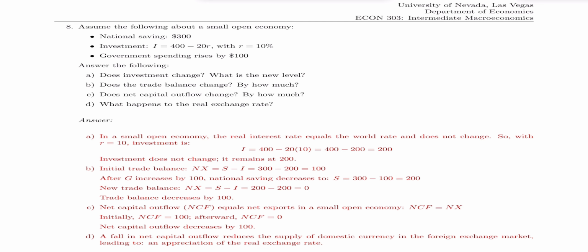After G increases by 100, S becomes 200. So new trade balance NX equals S minus I equals 200 minus 200 equals 0. So it drops by 100. C. Since net capital outflow equals NX, it also drops from 100 to 0. D. Lower net capital outflow means less supply of domestic currency, which causes the real exchange rate to appreciate.